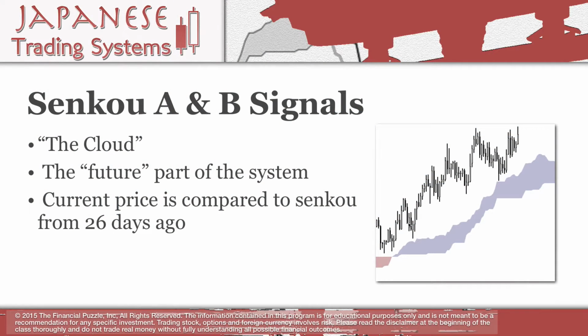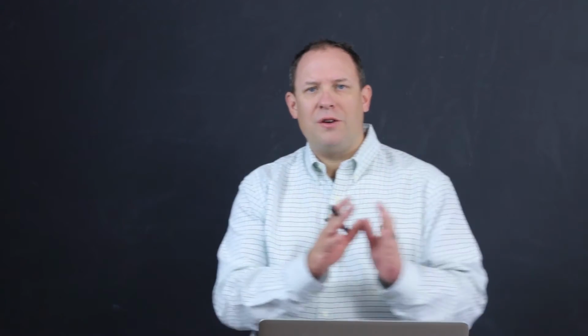With the cloud component, the current price is compared to the Senkou from 26 days ago. What do we mean by that? Well, we've taken those two lines and shifted them forward 26 days. Remember how the Senkou is composited: we take the formula, the different averages or the 52 period, and we shift it forward.